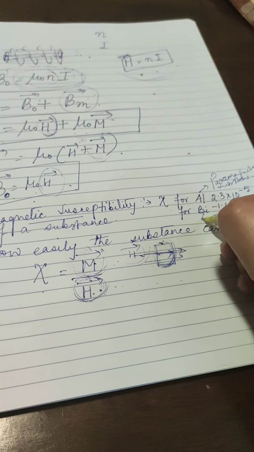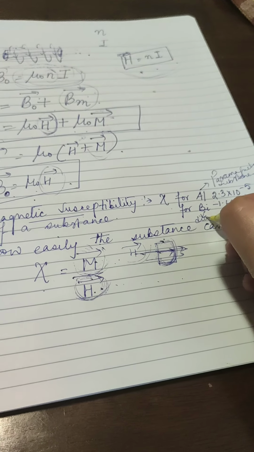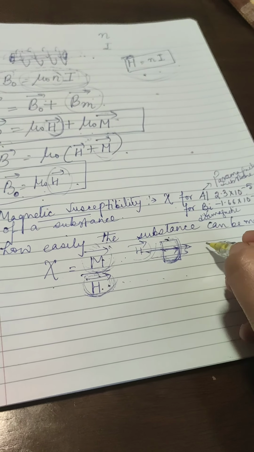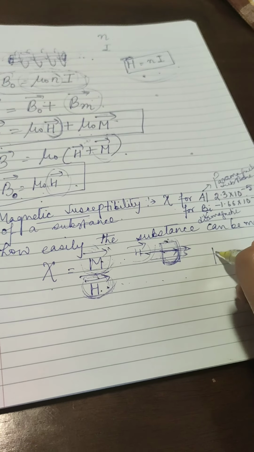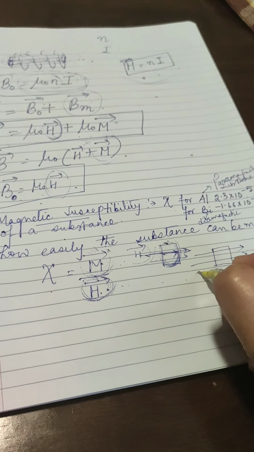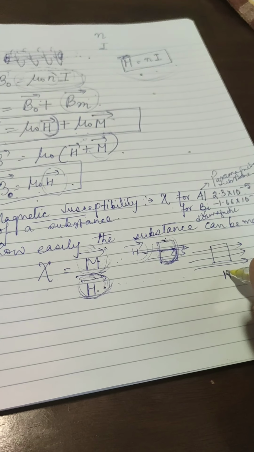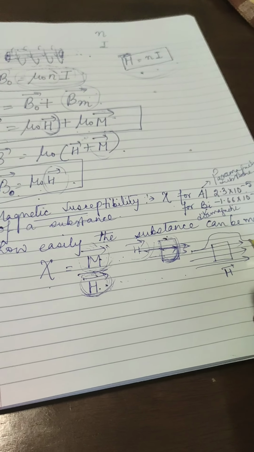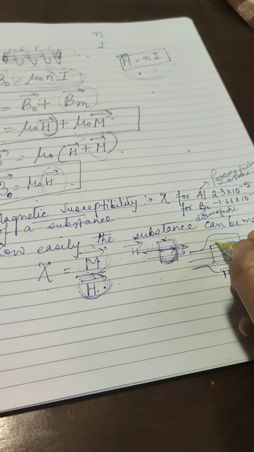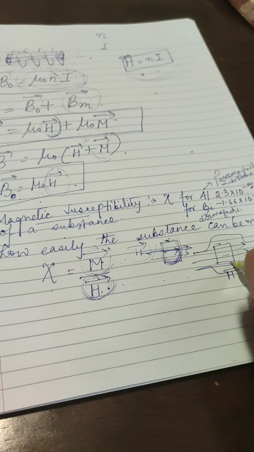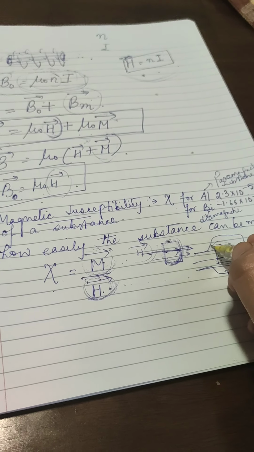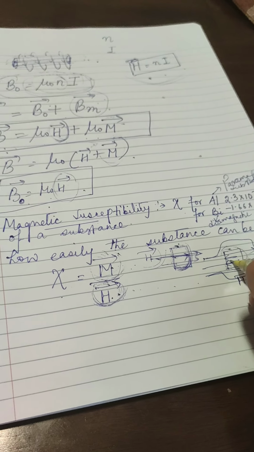Whereas for diamagnetic substances, why that happens we will know in the next lecture on diamagnetic and paramagnetic substances. In diamagnetic substances like bismuth, when you place it in an external magnetic field H, the substance gets magnetized, but the magnetic field lines due to magnetization of the substance are in the opposite direction.